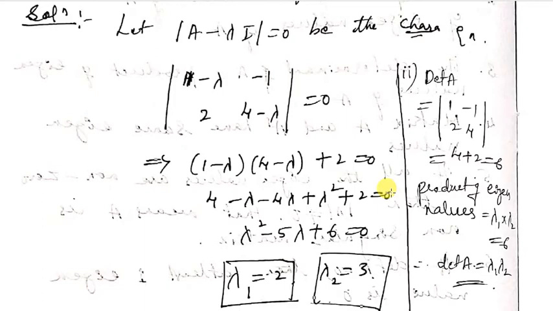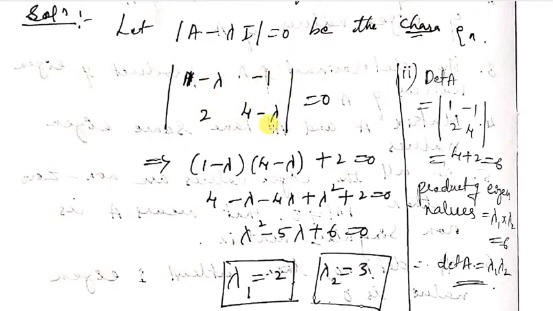As we know, to find the eigenvalues we have to consider the characteristic matrix, characteristic polynomial, then the characteristic equation. So directly I will consider the characteristic equation. Let the determinant of A minus lambda I is equal to 0 be the characteristic equation. Substituting for A minus lambda times I and subtracting, we get the new matrix as 1 minus lambda, minus 1, 2, 4 minus lambda.